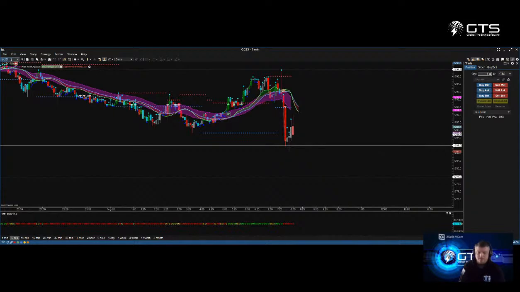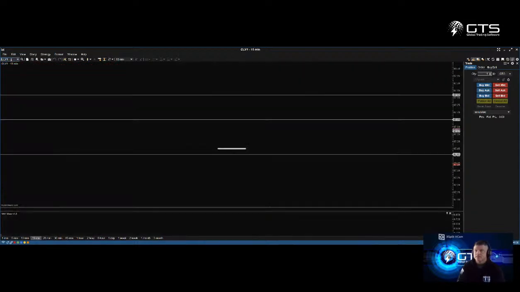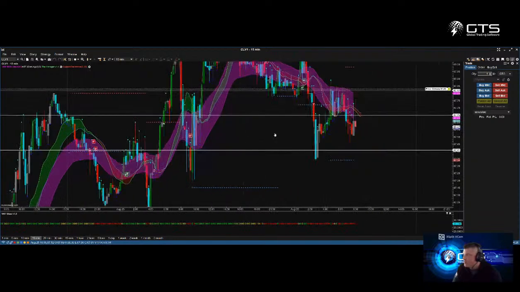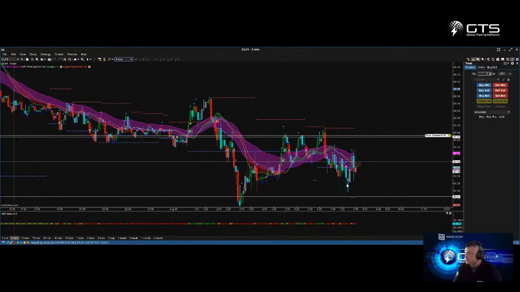Let's see here. Let's go ahead and slide down to our lower time frames. Man, oil's choppy this morning. Yep, that's a 5 minute right there. 3 minutes probably gonna be even worse.